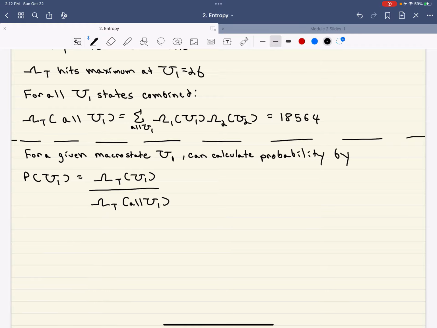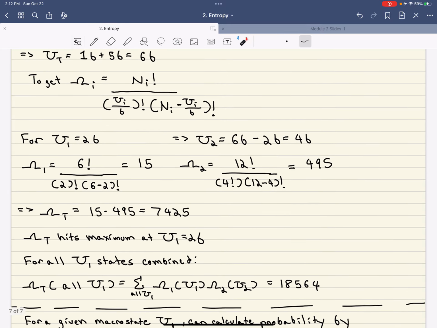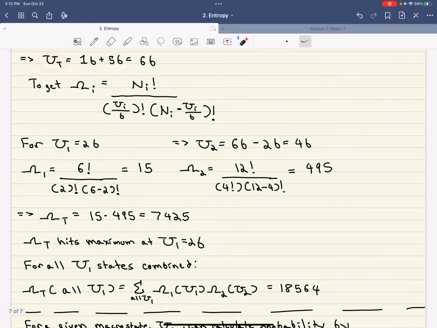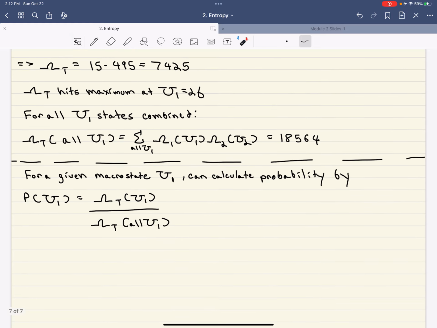Because for all the U1 values and for a specific U1 value, they all satisfy the same total internal energy.